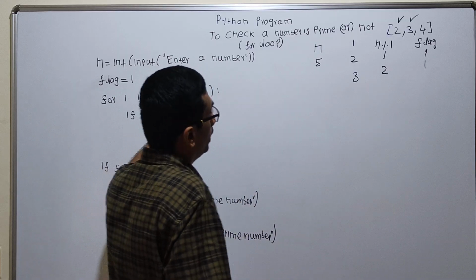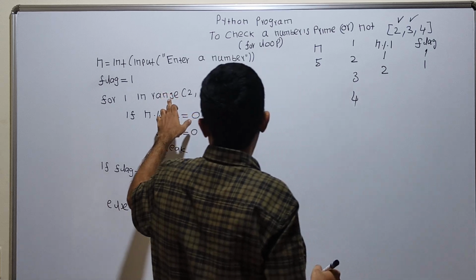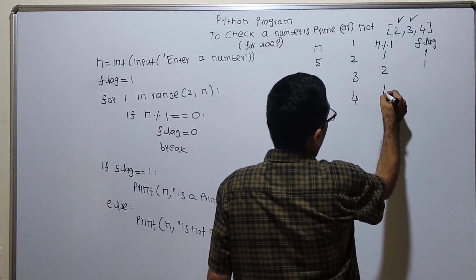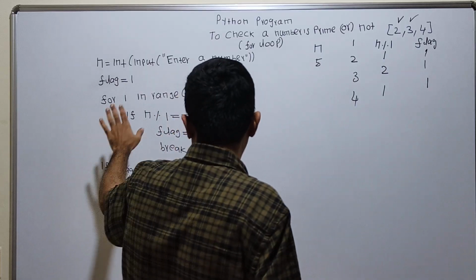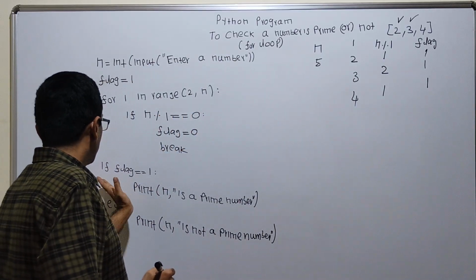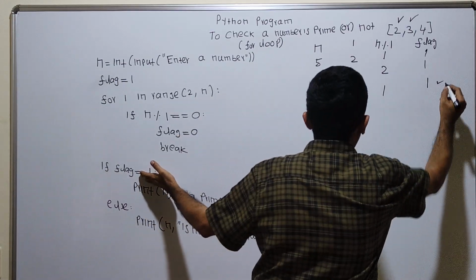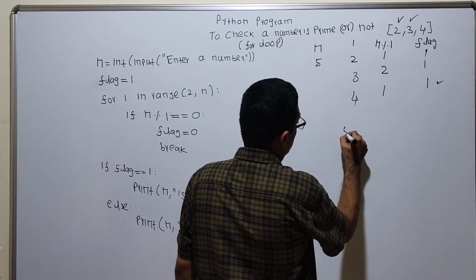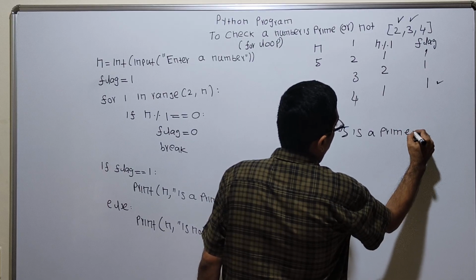In the next iteration, I will take the value 4, and 5 modulo 4, the remainder is 1, the flag is 1. The sequence is over, the control will come out and check if flag equal to 1. Yes, the flag equals 1, so it will print n is a prime number. The output is 5 is a prime number.